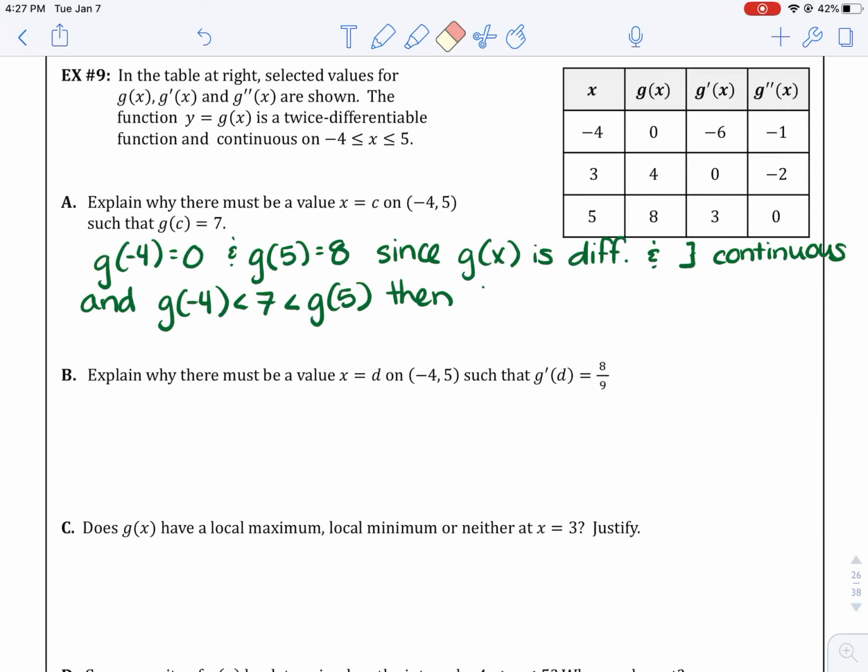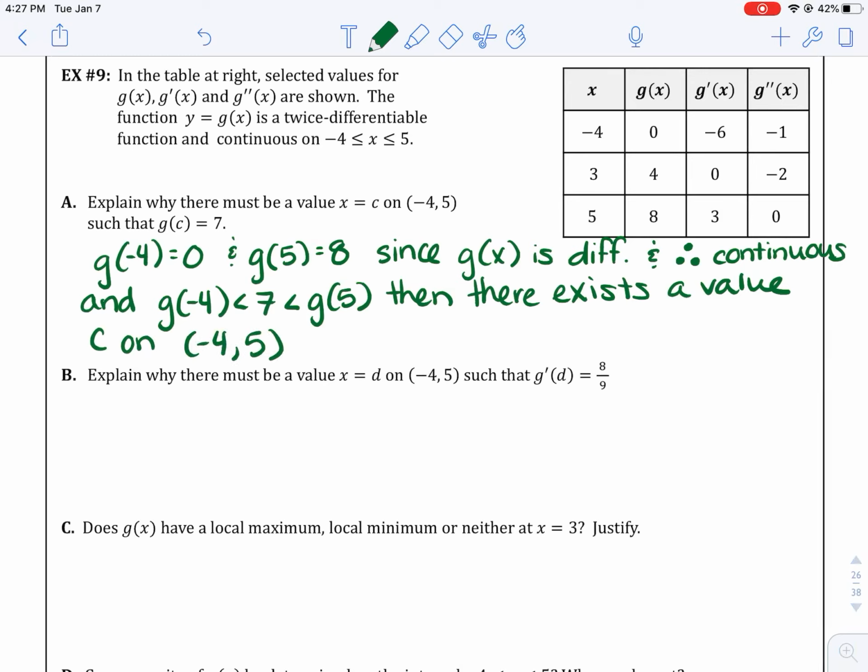Oh, you know what? I mixed up therefore. That's our symbol for therefore. And therefore continuous. Then there exists a value C on the interval -4 to 5 such that G of C equals 7.